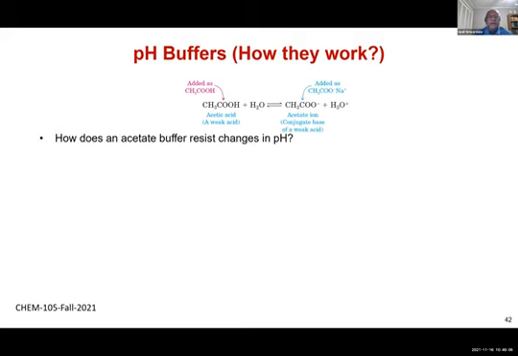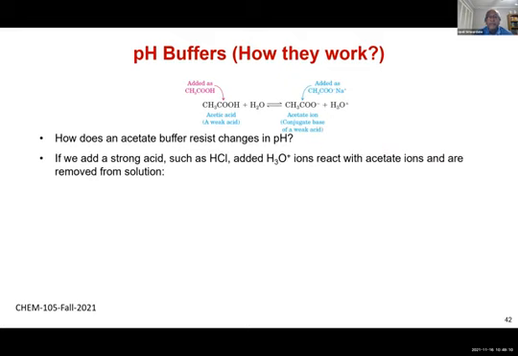How does an acetate buffer resist changes in pH? If a strong acid, HCl, is added, the hydronium ion produced reacts with acetate ion and is removed from solution. That's what I said before. This is the reaction for removing the hydronium ion from the solution.